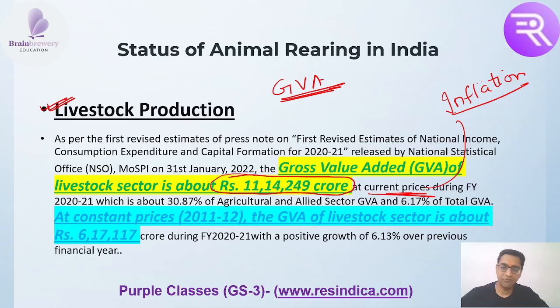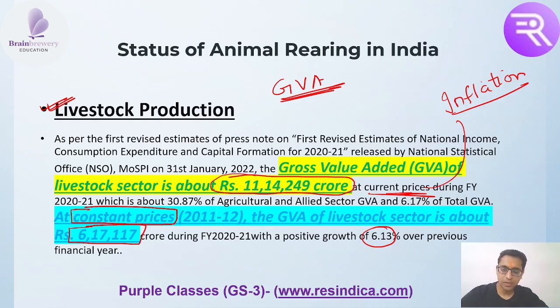When we don't take inflation into account, that means we are matching with constant price. That is 6,17,117 lakh crore, which is a growth rate of 6.13% compared to the previous financial year.